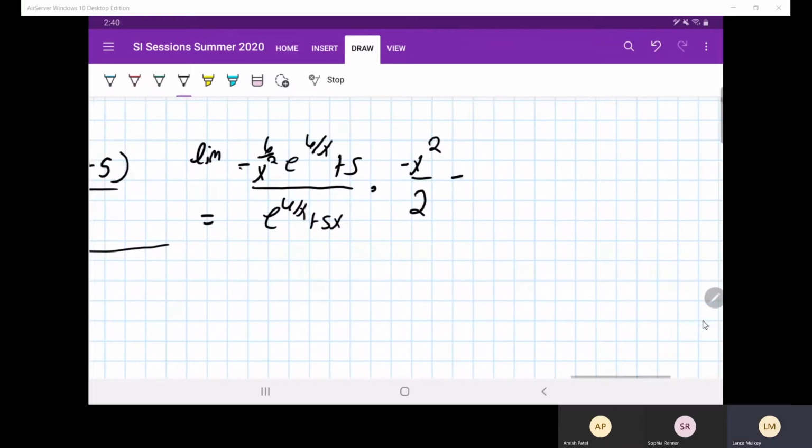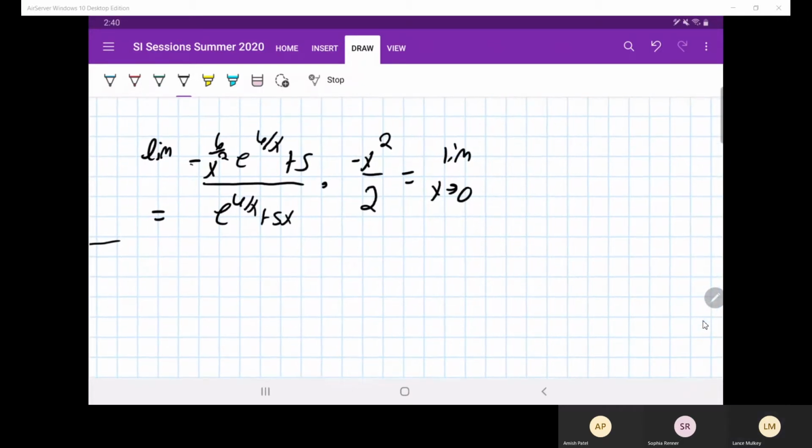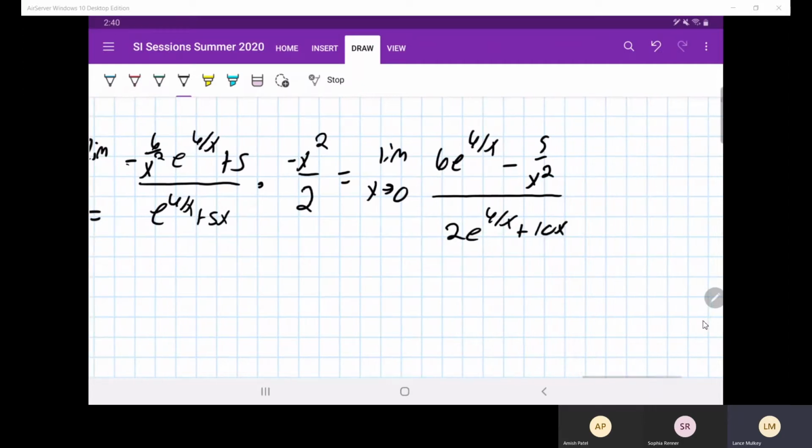Let's simplify. Negative x squareds will go together, so that's 6e to the 6 over x minus 5 over x squared, over 2e to the 6 over x plus 10x. Somehow this is supposed to equal 3.